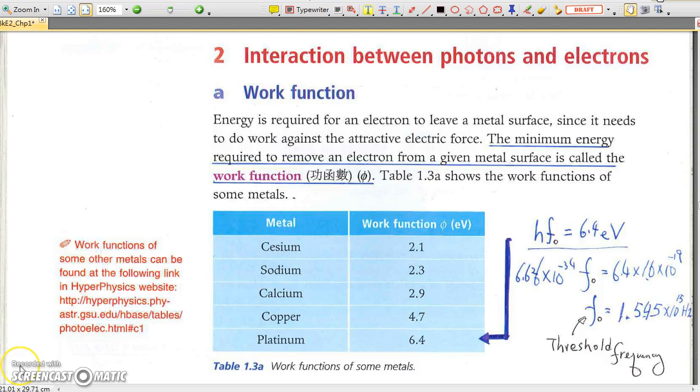Easier, isn't it? Right, and how about the work function, which is the minimum energy required in order to release an electron from a metal surface? The work function is also a very small amount of energy. As you can see, this is talking about 2.1 electron volts, 6.4 electron volts. It's just a few electron volts.